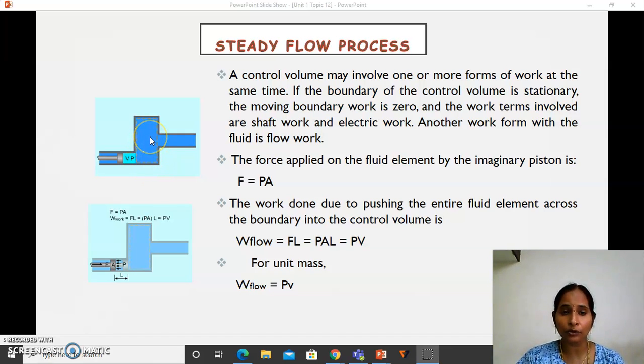You are reducing the area and selecting a place, this rectangular box, which is your control volume, bounded by an imaginary cover called the control surface.